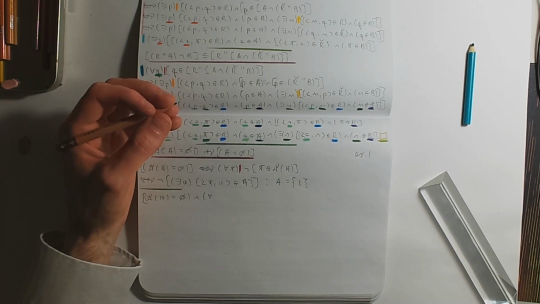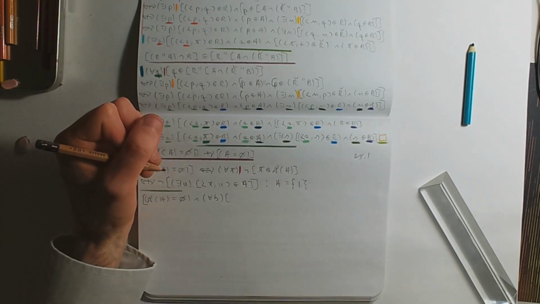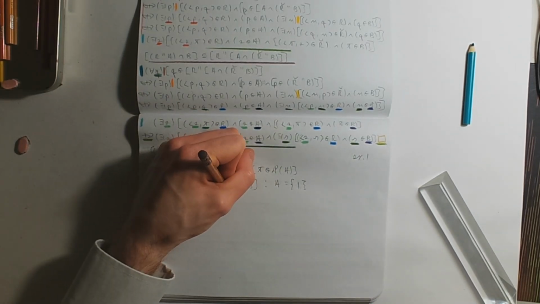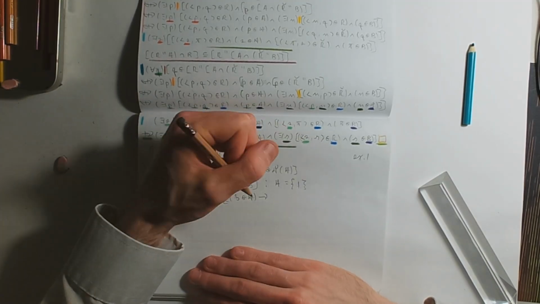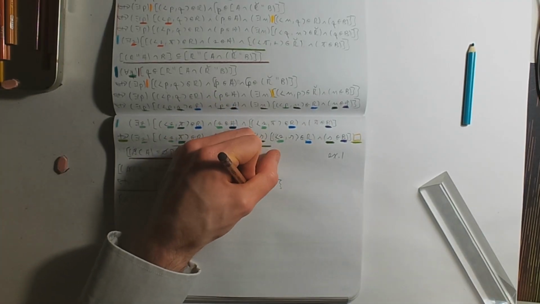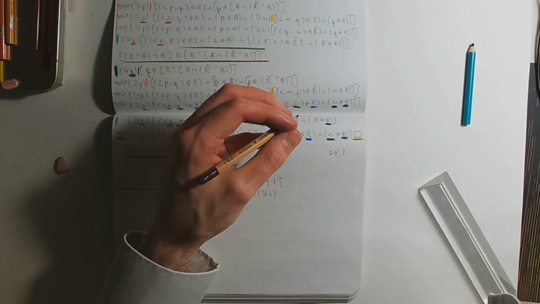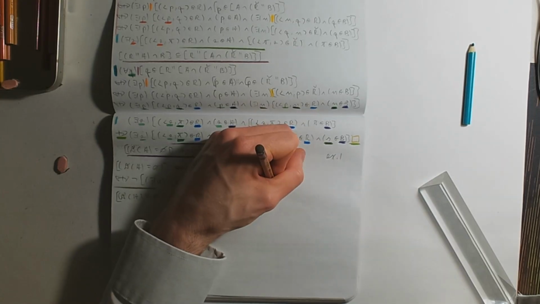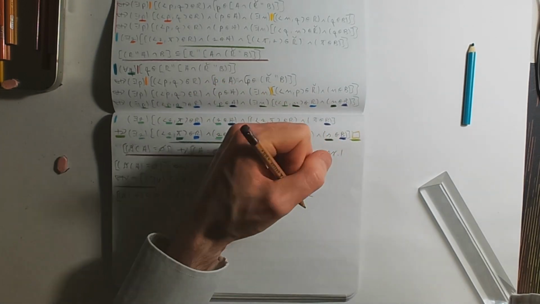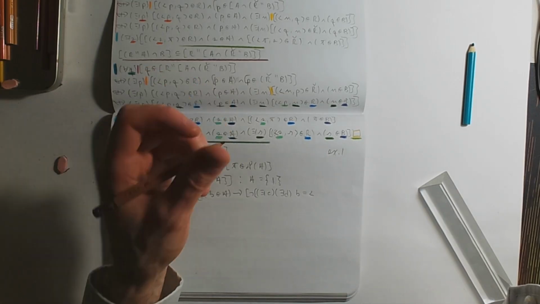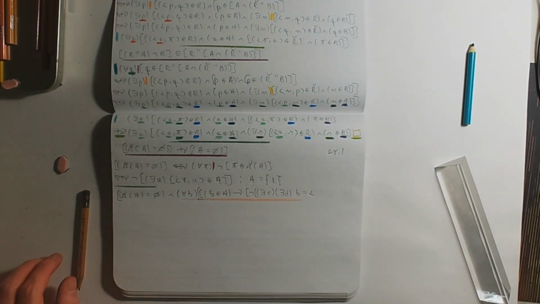For all B, if B is an element of A, then not there exists a C such that not there exists a C and there exists a D such that B is equal to the ordered pair. No, that's not what it would be.